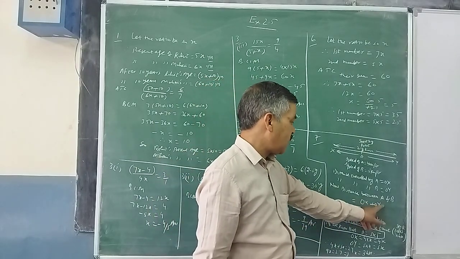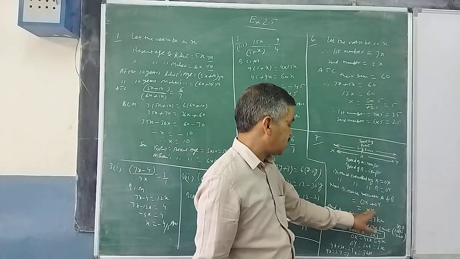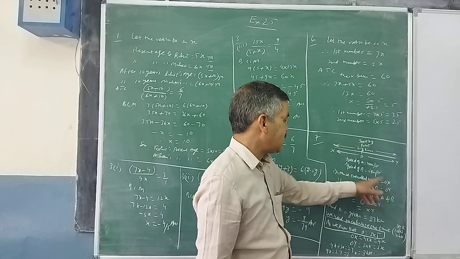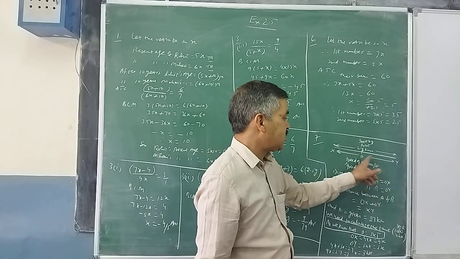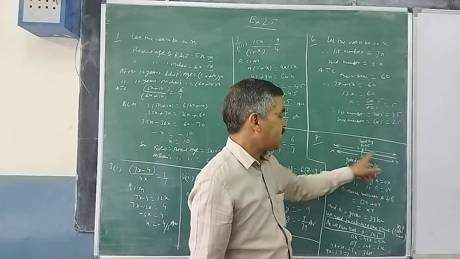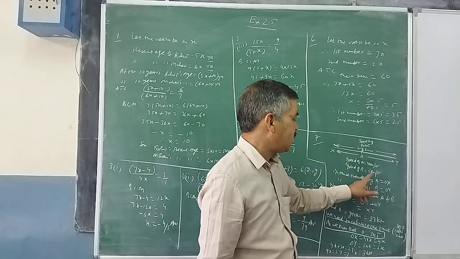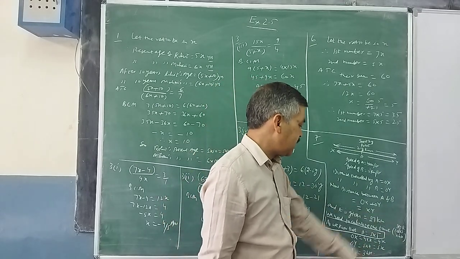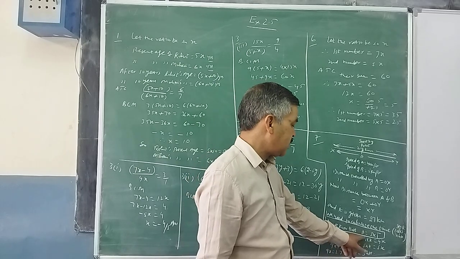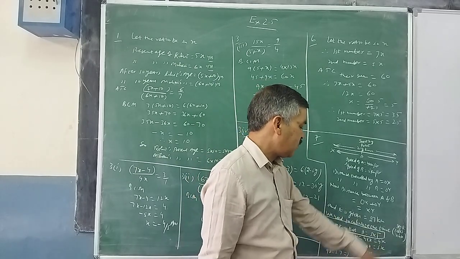So OX plus OY will give you the total distance XY. Now OX is the distance traveled by A in X hours from O to X, and OY is the distance traveled by B in X hours from O to Y with a speed of 5 km per hour. As we know, distance is speed into time, so OX will be equal to 4x and OY will be equal to 5x.